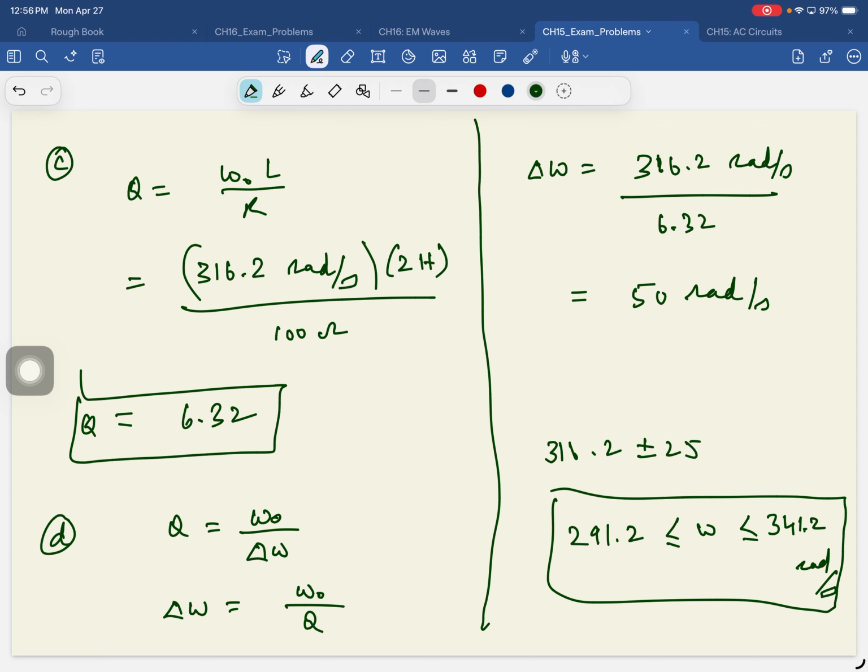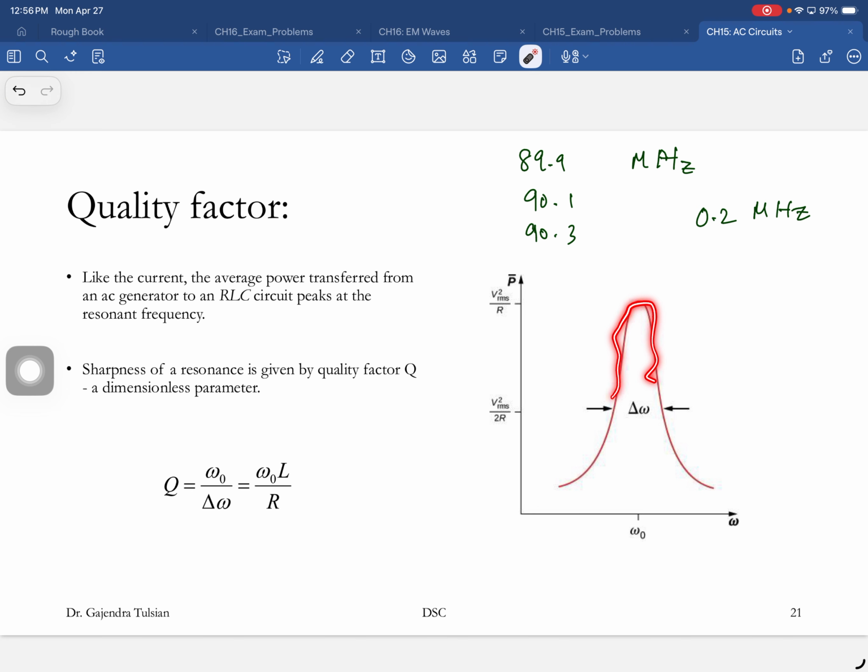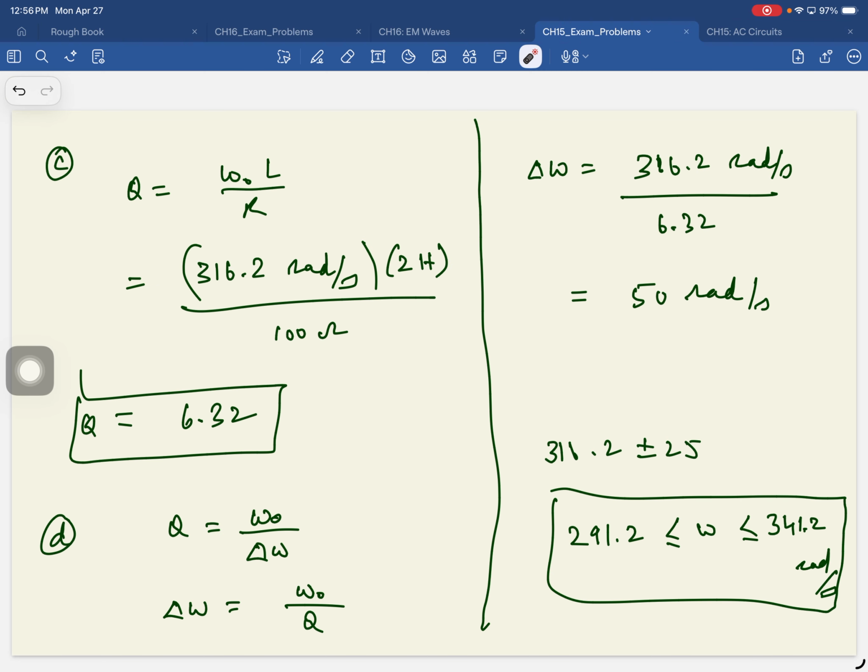In this frequency range, you'll catch a good signal on this tuner, or a good amount of power is delivered to the circuit. That's what that width tells you.